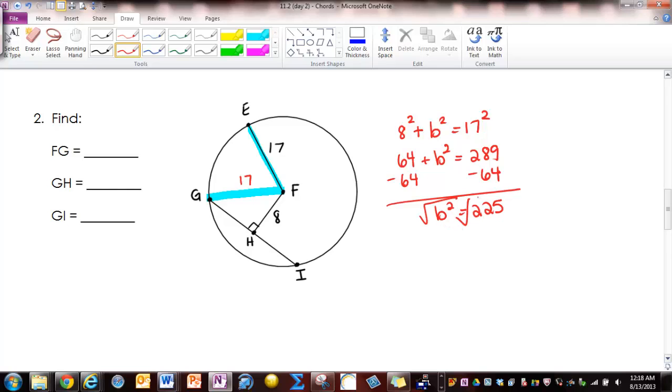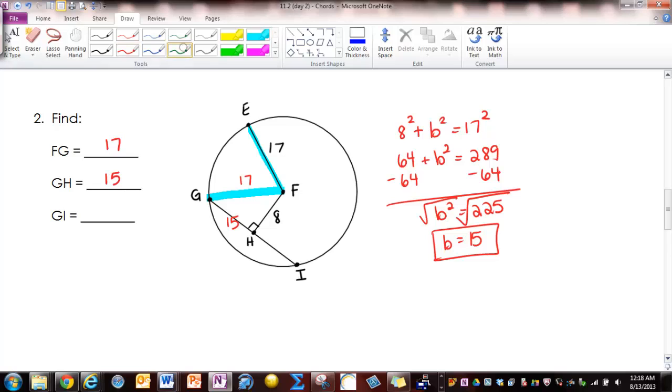And taking a square root of each side, we get that b is 15. Now that is this piece right here, which is GH. So GH is 15. And we noticed before that FG is 17.